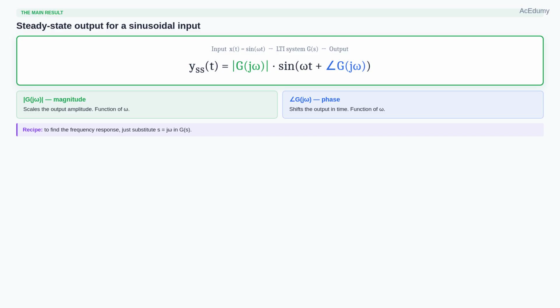We do not need the full derivation today. The takeaway: to find the frequency response, just substitute s equals j omega into your transfer function. The complex number you get encodes both the magnitude scaling and the phase shift.